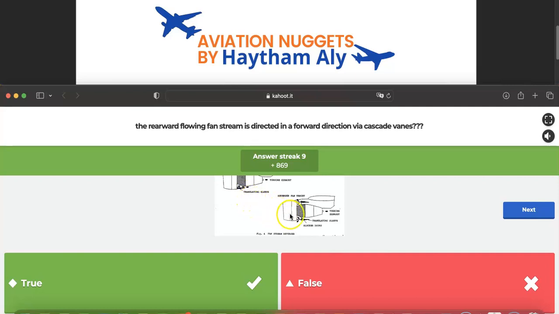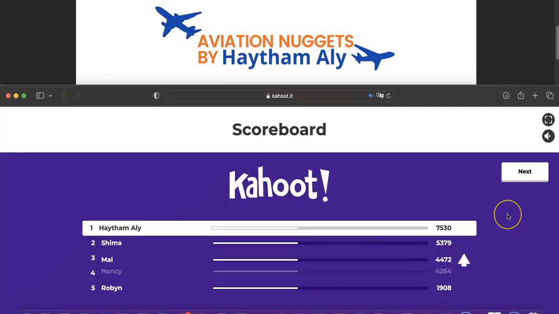And take care: if you remove the cascade vane segments and reinstall them on the aircraft, you must put each segment in the correct position, because each position has a certain angle to direct the airflow. Okay, everybody, let's proceed. Next question.